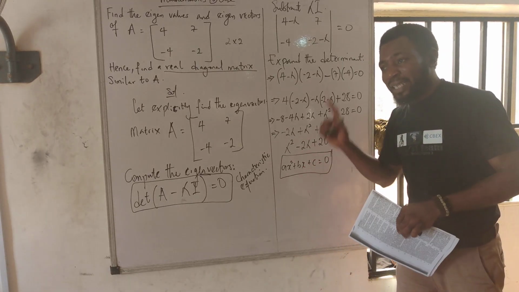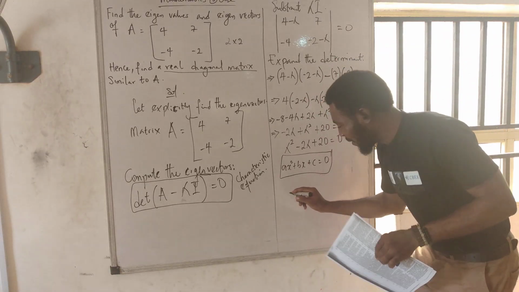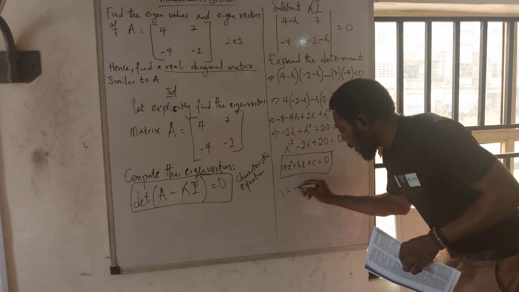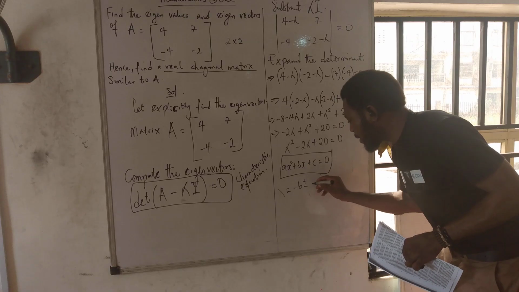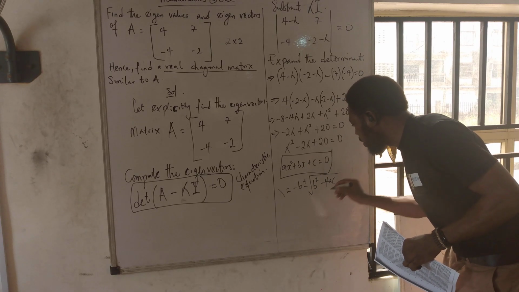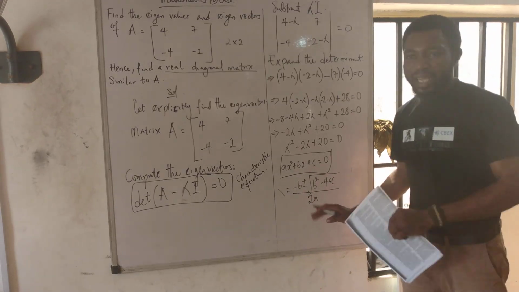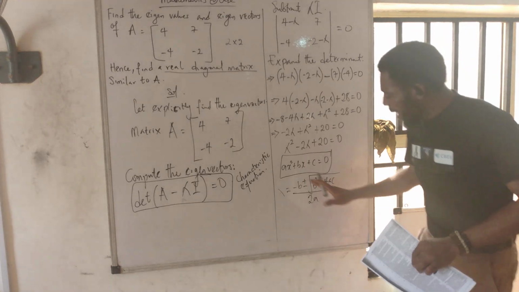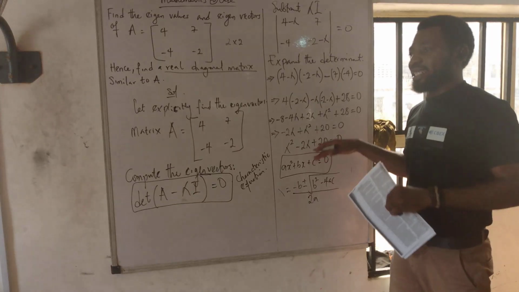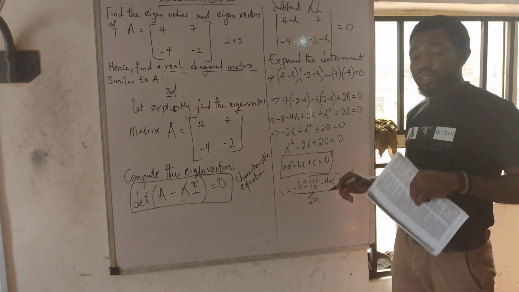Since they look alike, it means that I am going to solve this particular equation quadratically. And remember, there is a quadratic formula. Remember, the almighty formula from those days, you should know. Now we say that x is equal to minus b plus or minus square root of b squared minus 4ac, all over 2a. This is your almighty formula. Now, how do I make this formula look like the eigenvalue problem I'm solving using this lambda notation?